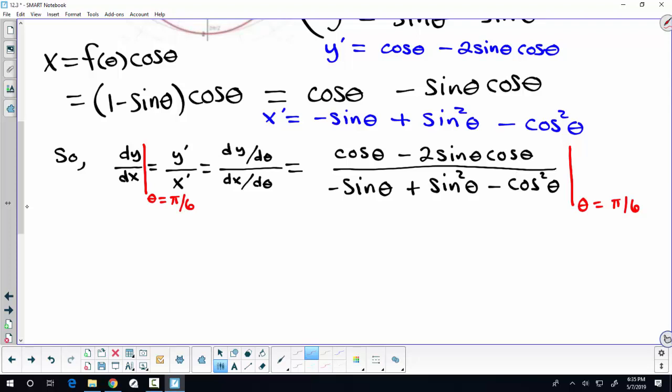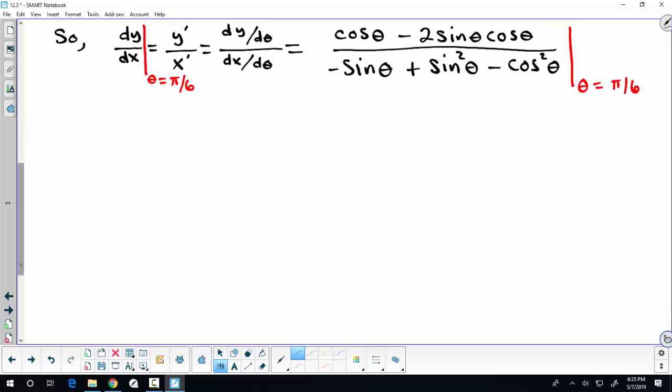All right, so what do we get? Yes, that middle thing at the top is totally busted. Okay, cosine of pi over 6 minus 2 times sine of pi over 6 times cosine of pi over 6.